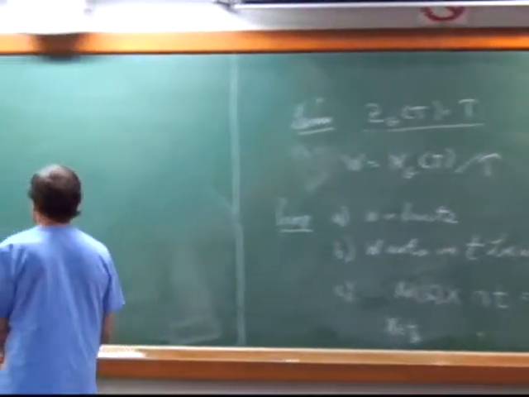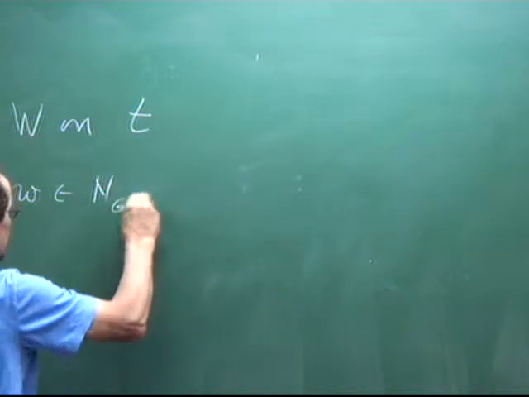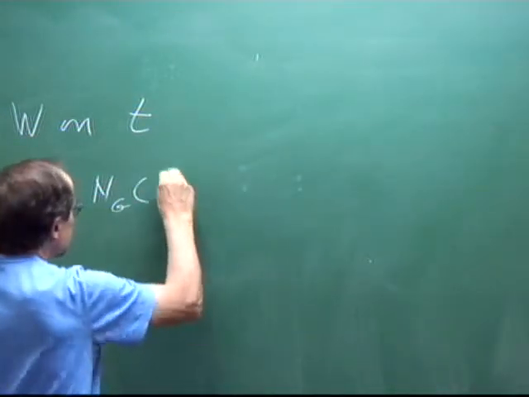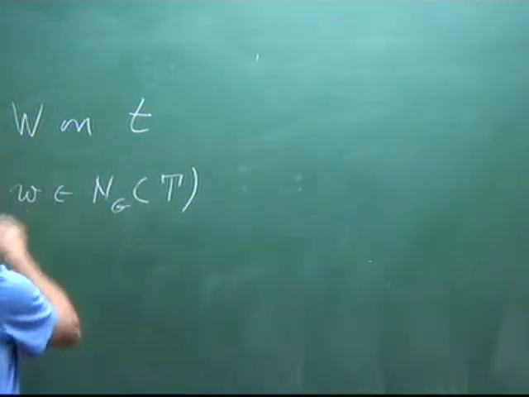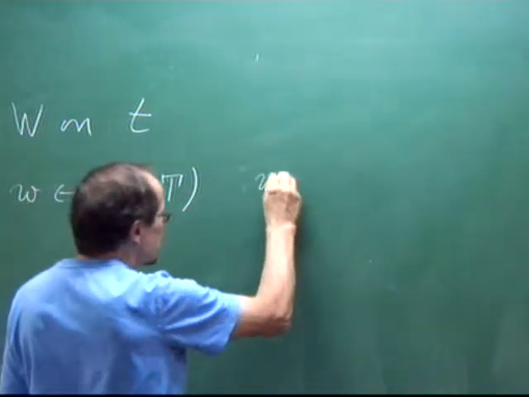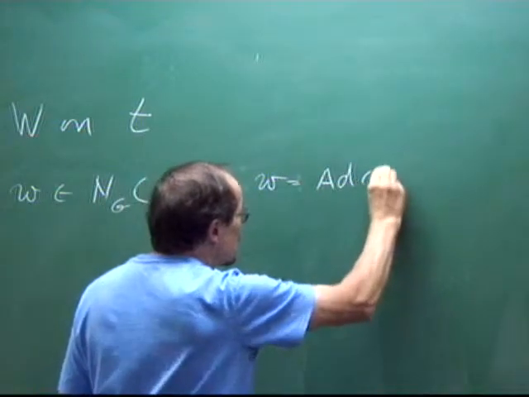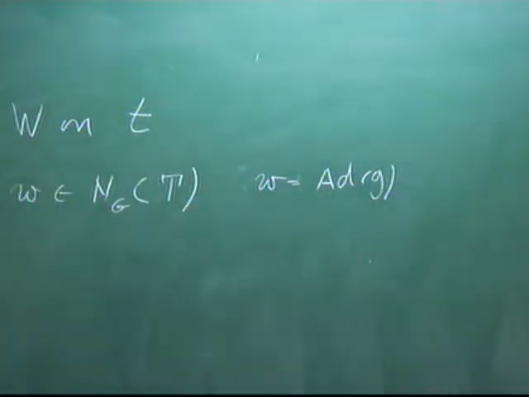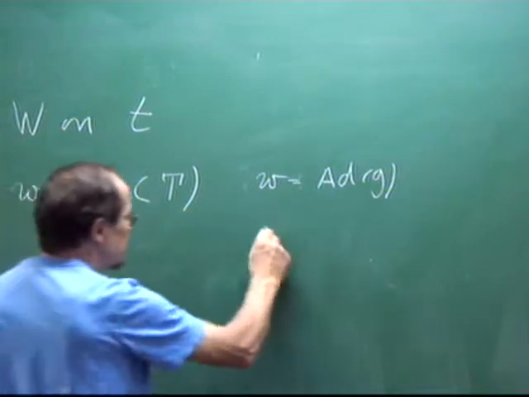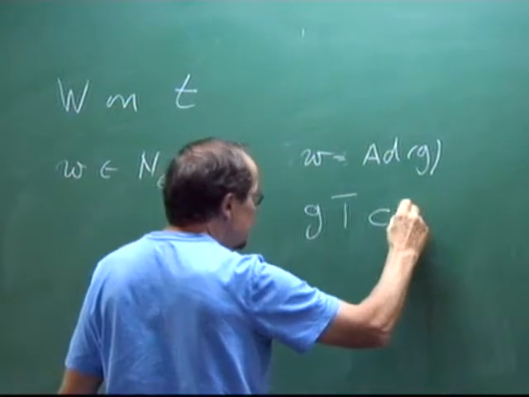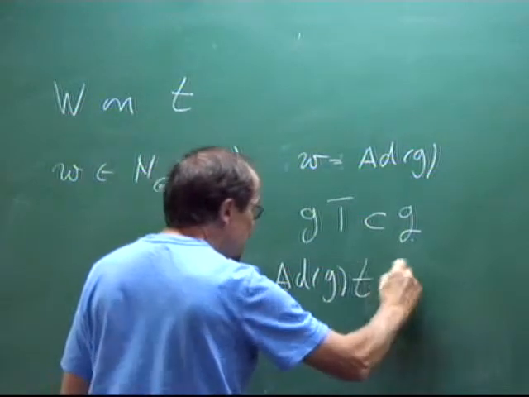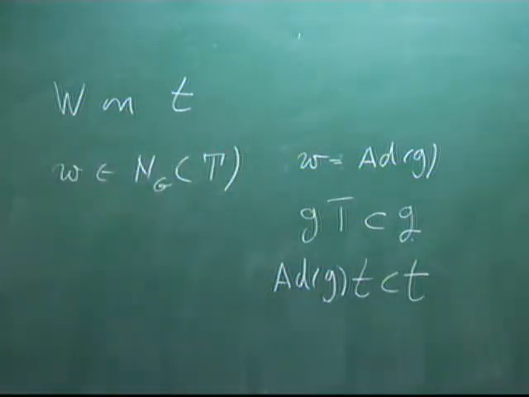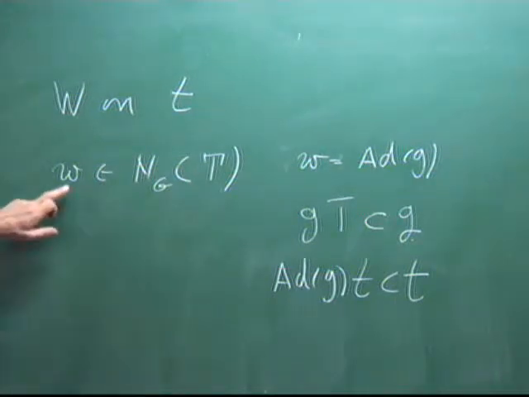Something in W is a normalizer of T. That means that I can represent an element of W as the adjoint of some g, such that Ad(g) takes t into t. So if I take the adjoint, it takes the Lie algebra into the Lie algebra. So that's how W acts.